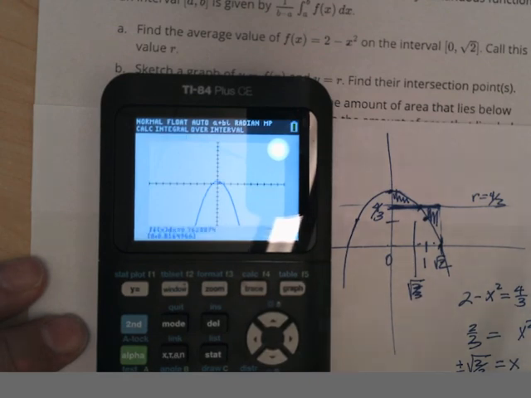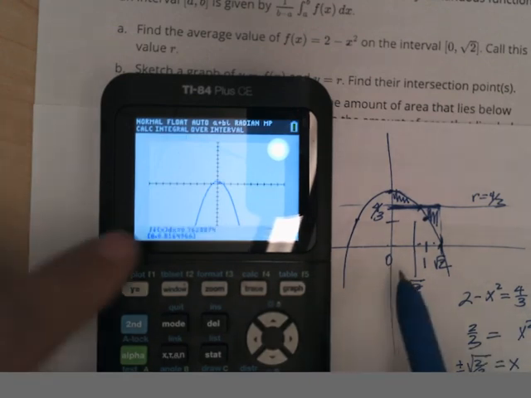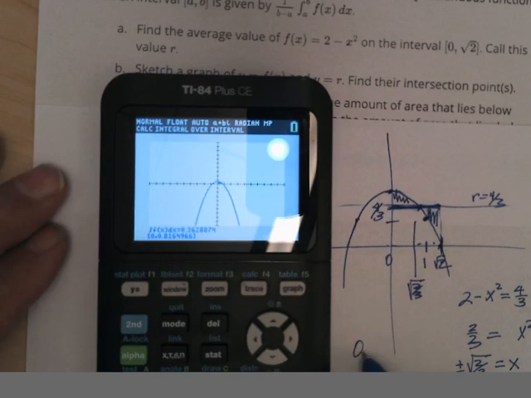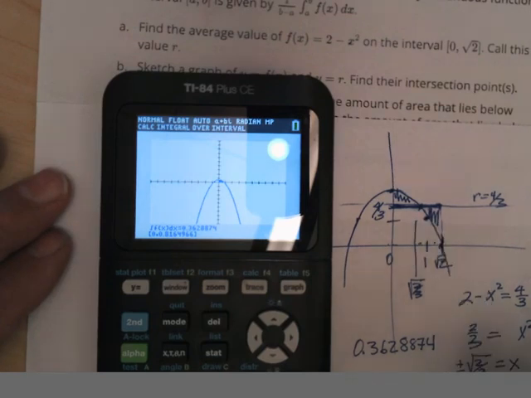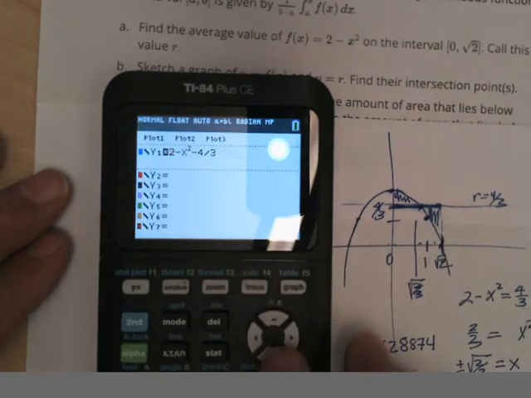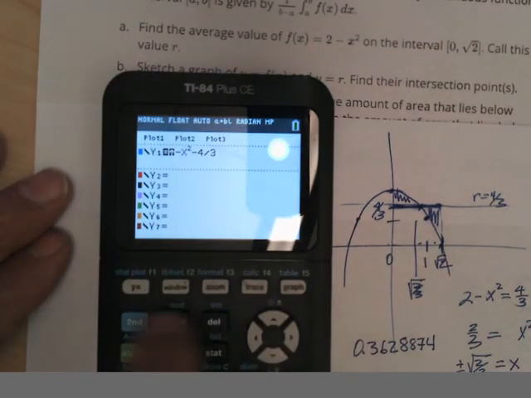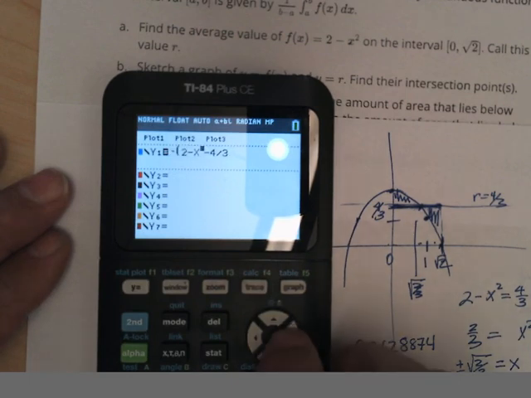And that area is 0.3628874. Now we're going to find the area here, which is all of this. I'm going to just insert a negative, a negative parenthesis, and then go to the end.